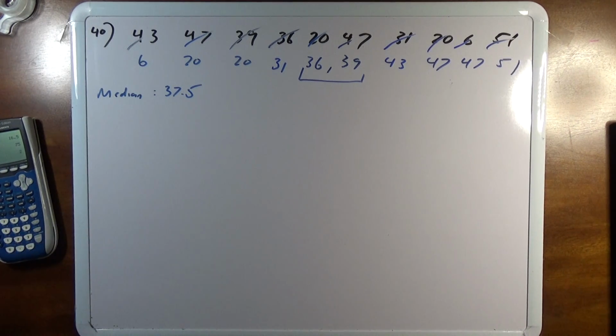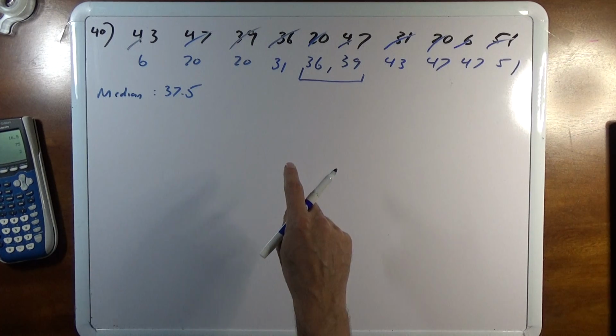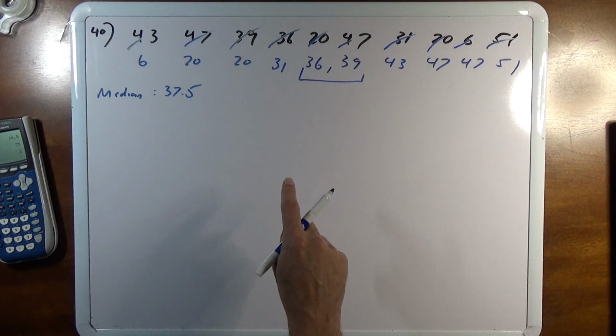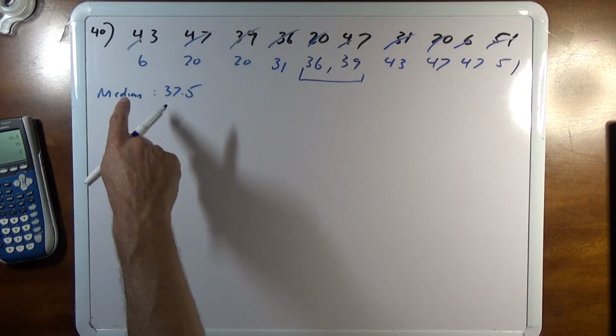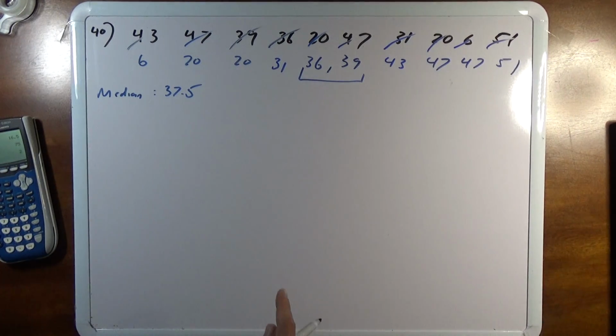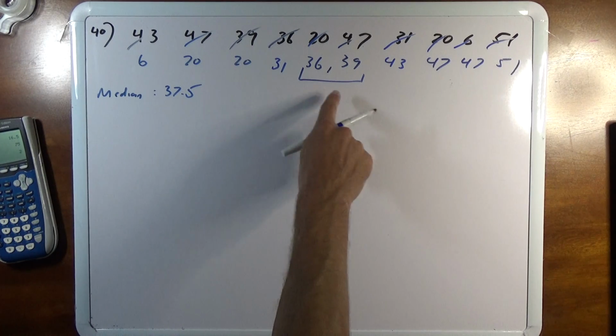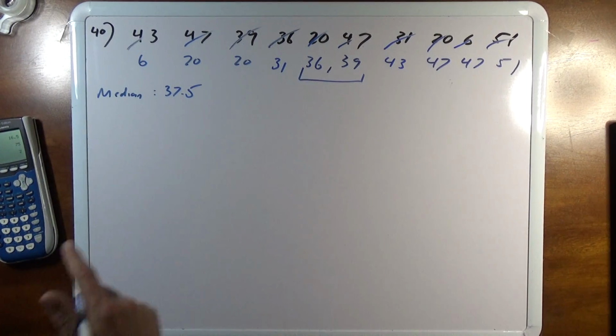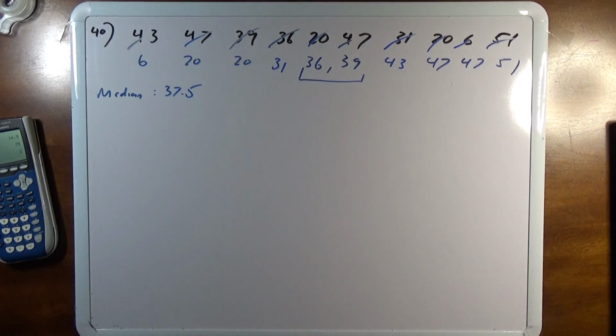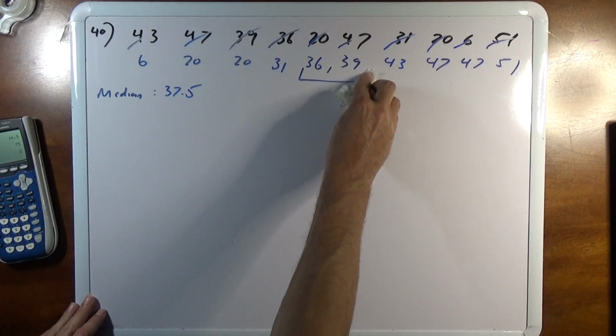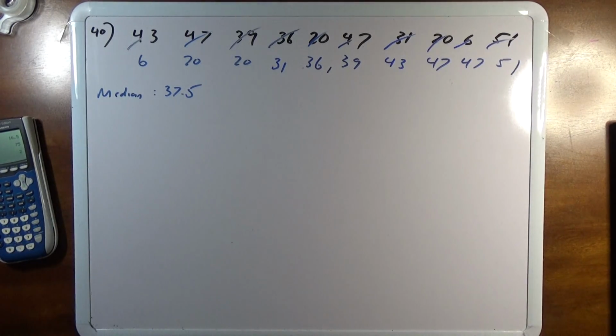Okay, and now what do we want to do? We want to find the median of the lower half of the data set. So again, because I have an even number, because I'm averaging the 2 in the middle, I'm going to include the one on the left with the lower half and the one on the right with the upper half.